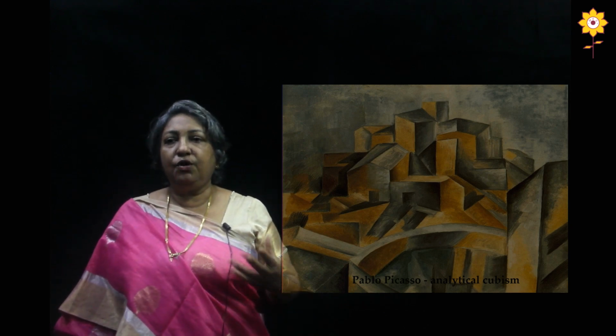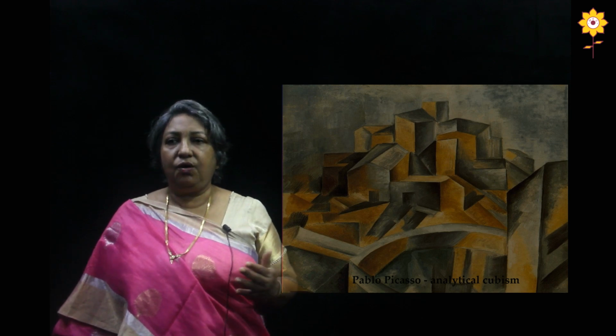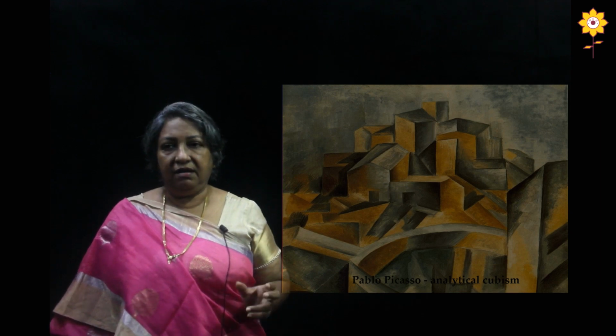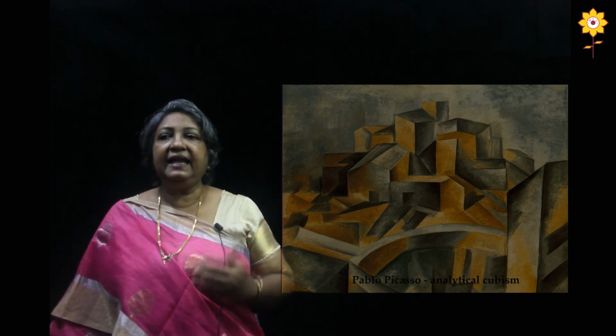Again this is another painting by Pablo Picasso. Here the Cubists also sometimes used monochrome colors, single colors or shades of the same color. Here it is a scenery or something of that sort. The painter is analyzing a particular object, again looking at it from different viewpoints.